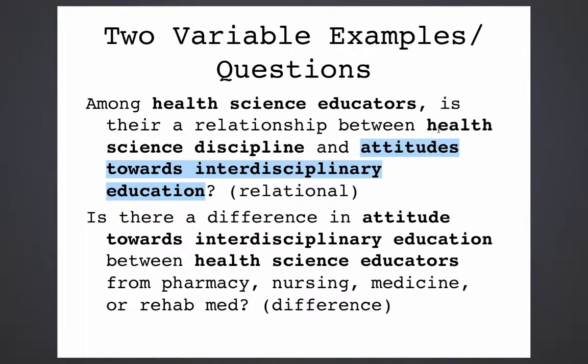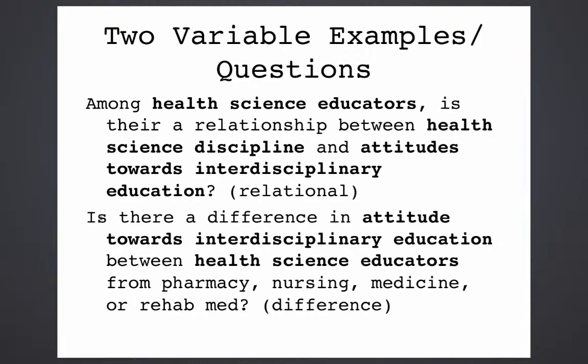So we see here the two variables are explicitly defined or labeled. Health science discipline, so the health science educators can be classified by health science discipline, and then we can measure their attitudes towards interdisciplinary education. So this is what we mean when we say we explicitly state the label of a variable. So this would be the relational format.